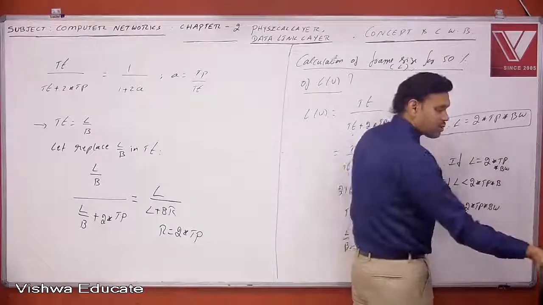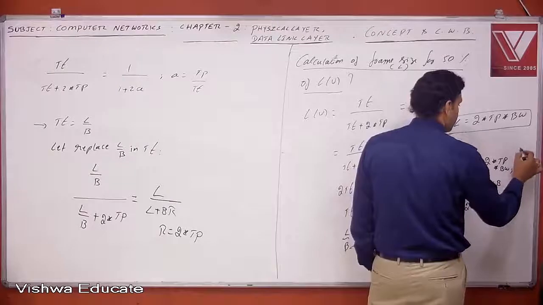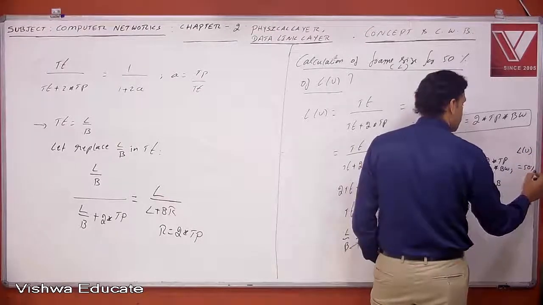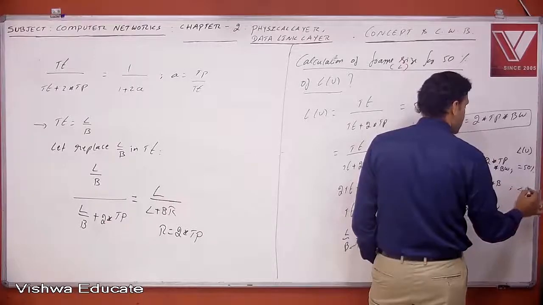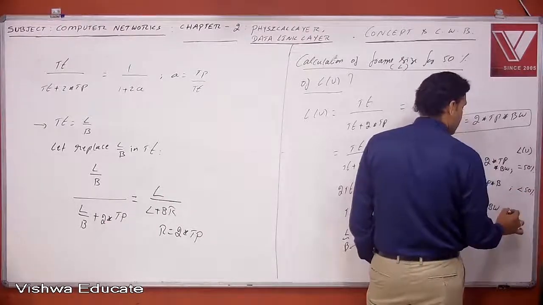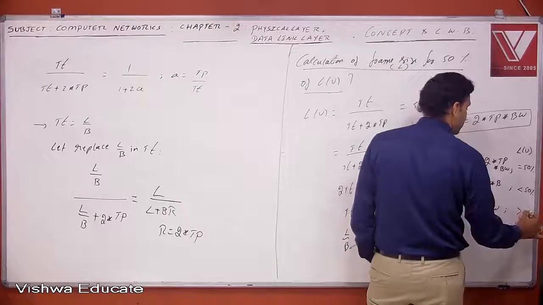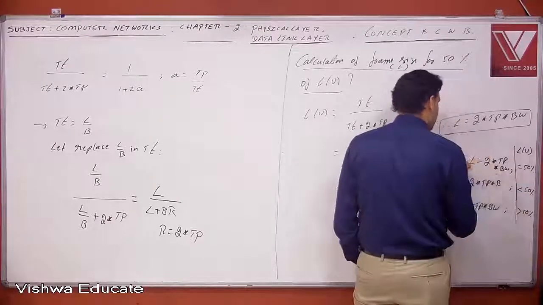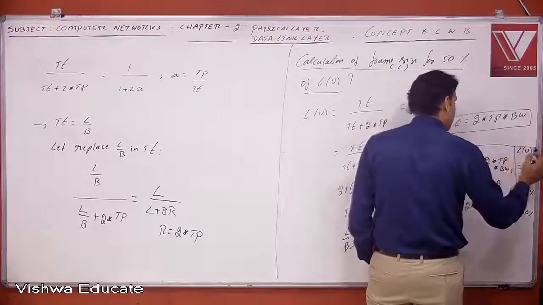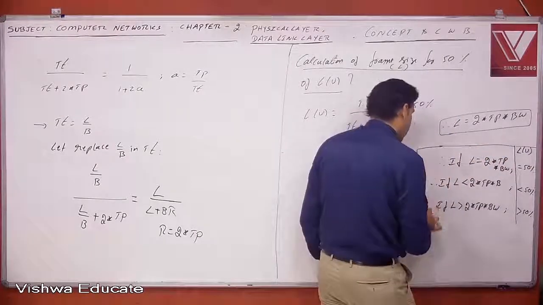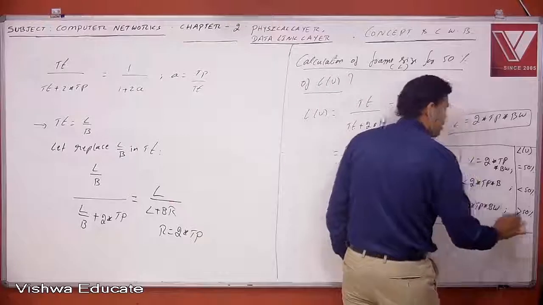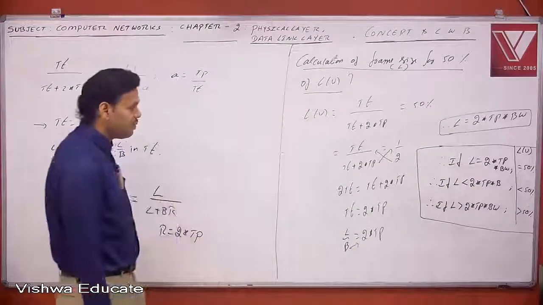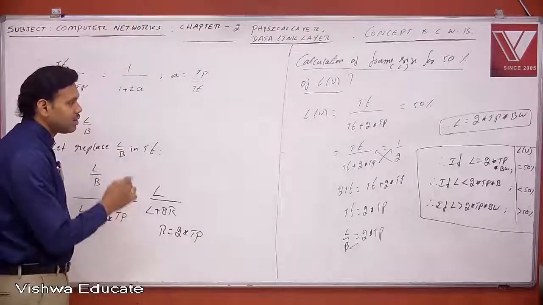It all depends upon your L value. That means if I know the L value, then I can easily calculate the link efficiency, whether it is less than 50, greater than 50, or equal to 50. Okay friends, copy this.